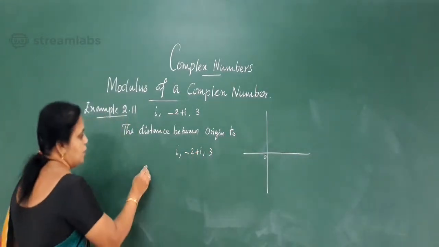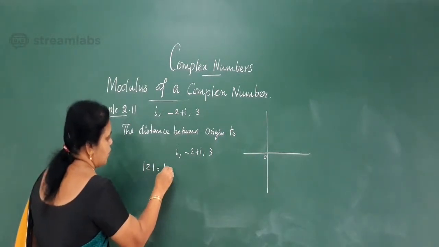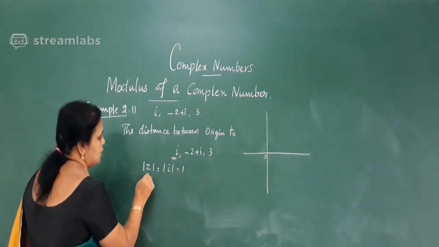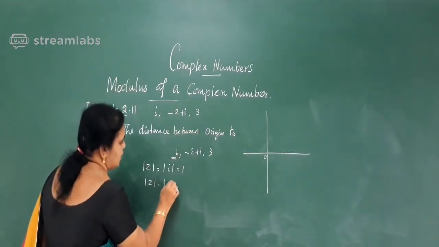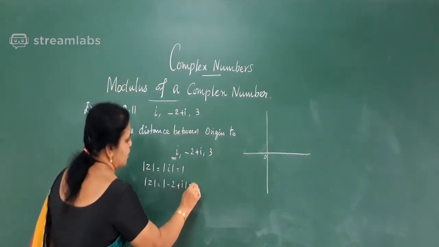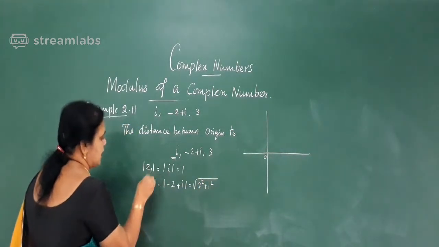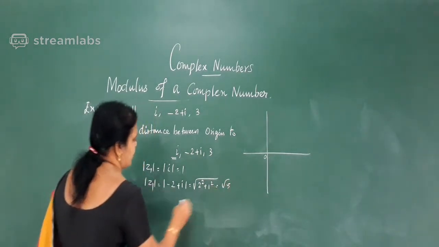See here, to find the distance from the origin, we need mod z. Mod of i is equal to 1. First one is this. Then mod z for the second point, minus 2 plus i, is equal to root of 2 square plus 1 square, which is root 5.